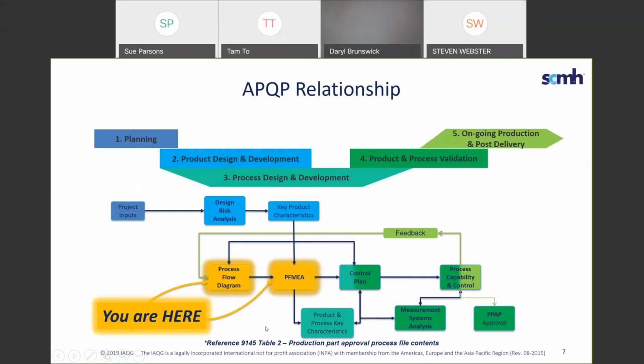And if you notice, phase 3 happens concurrently at various times with phases 1, planning, phase 2, product design and development, and 4, product and process validation. So the design risk analysis and the key product characteristics are key inputs to the elements that are being discussed today.